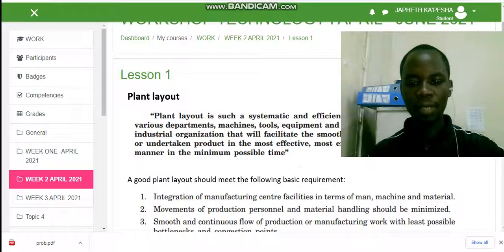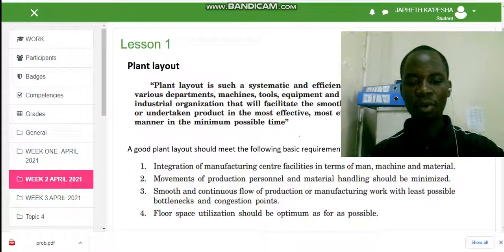So the first requirement is that there must be an integration of manufacturing center facility in terms of man, machine, and material. Movement of production personnel and material handling should be minimized so that there is less time wasted from one stage to another of production line. There must be a smooth and continuous flow of production or manufacturing work with least possible bottlenecks and congestion points.